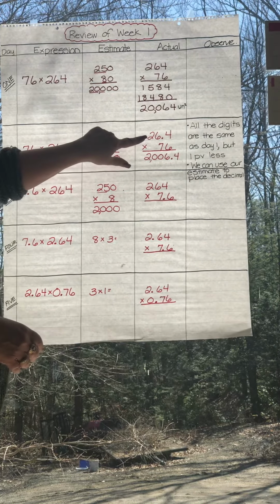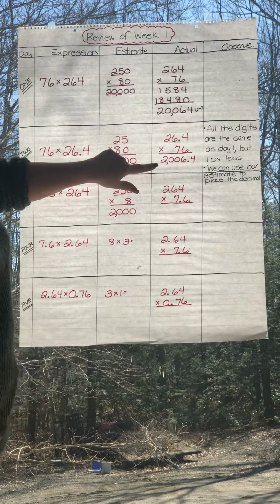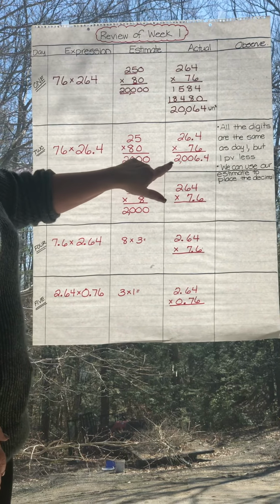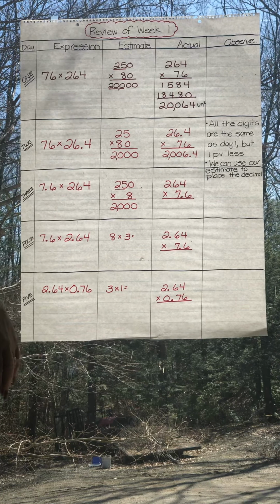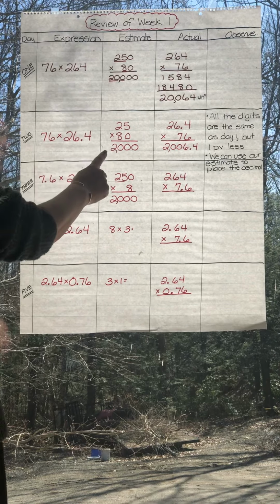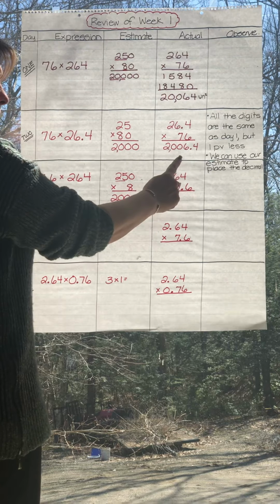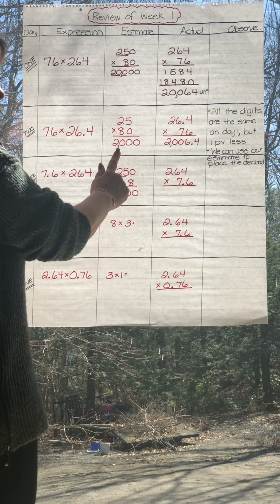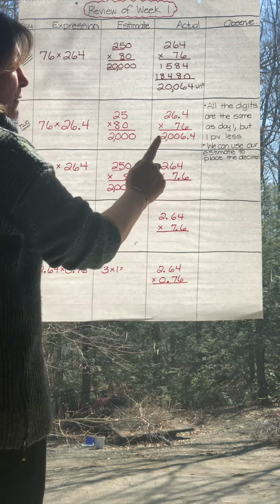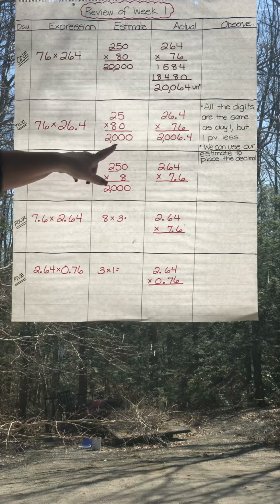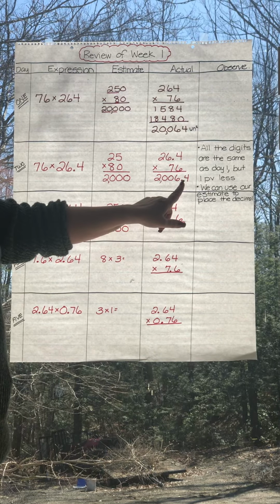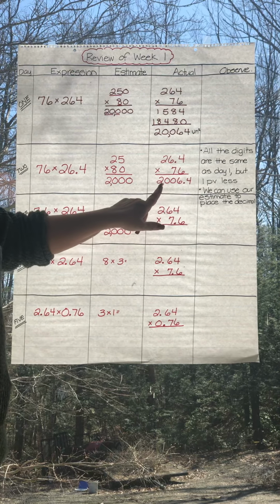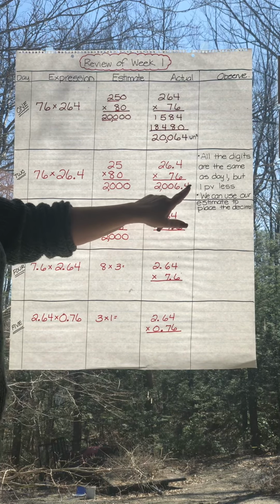Because 1 factor is 1 place value less, we know the product will be 1 place value less, and that's 2006 and 4/10. We also noticed that, knowing all the digits were going to be the same, we could use our estimate to decide where to put that place value. If our estimate is 2,000, then it makes sense to put the decimal point here so that we would have 2006 and 4/10.